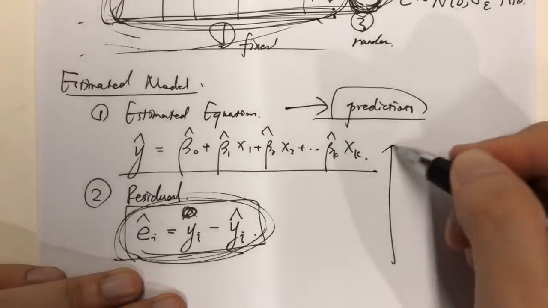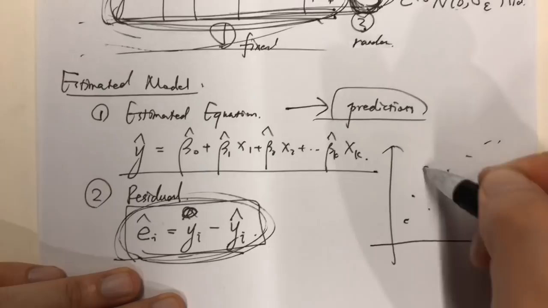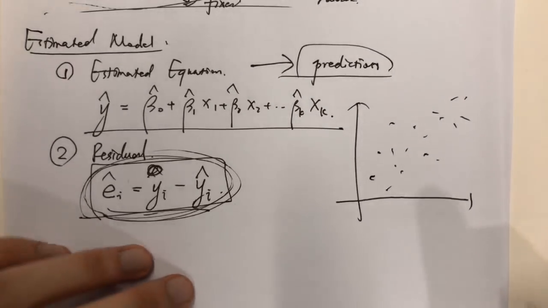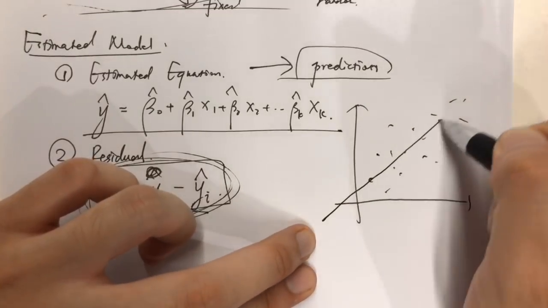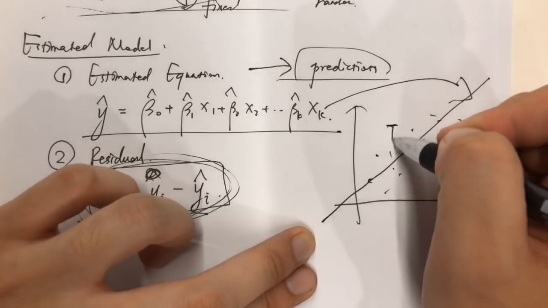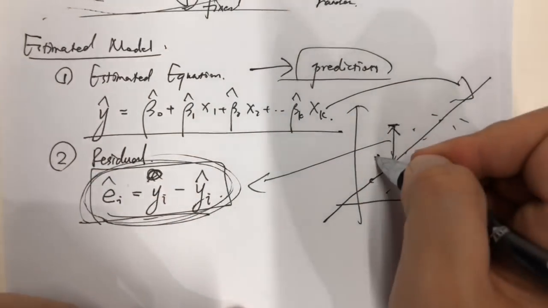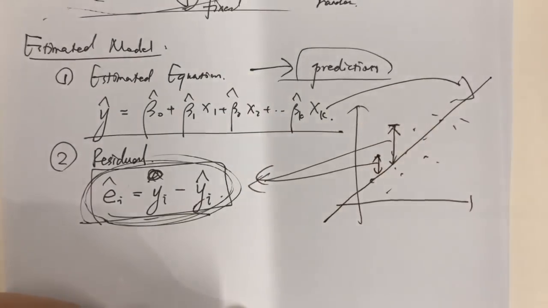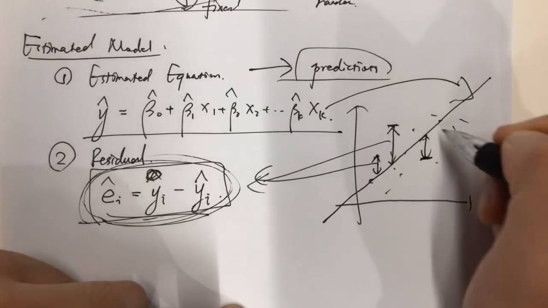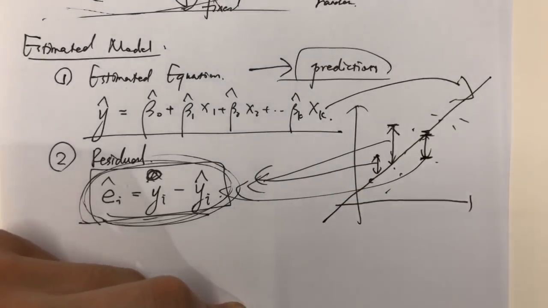So if we draw it on a diagram, this is a set of samples that we've sampled from a population, and after we calculate a regression equation, this is the regression equation, and the rest of the difference goes to the residual, right? So this difference between the actual value and the predicted value is the residual, okay?